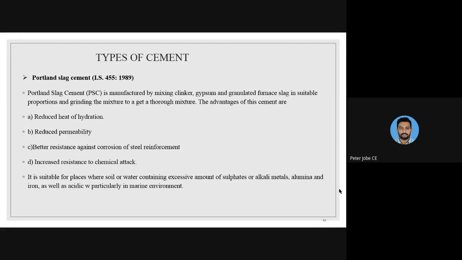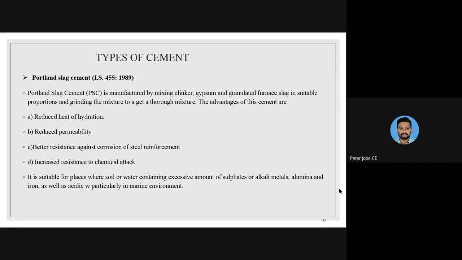There will always be a decrease in the water content to be added for Portland slag cement. But the local masons might not know that, and they will add more water. What happens is the mixture will be of no use. It won't be a uniform mixture. So this is the thing.